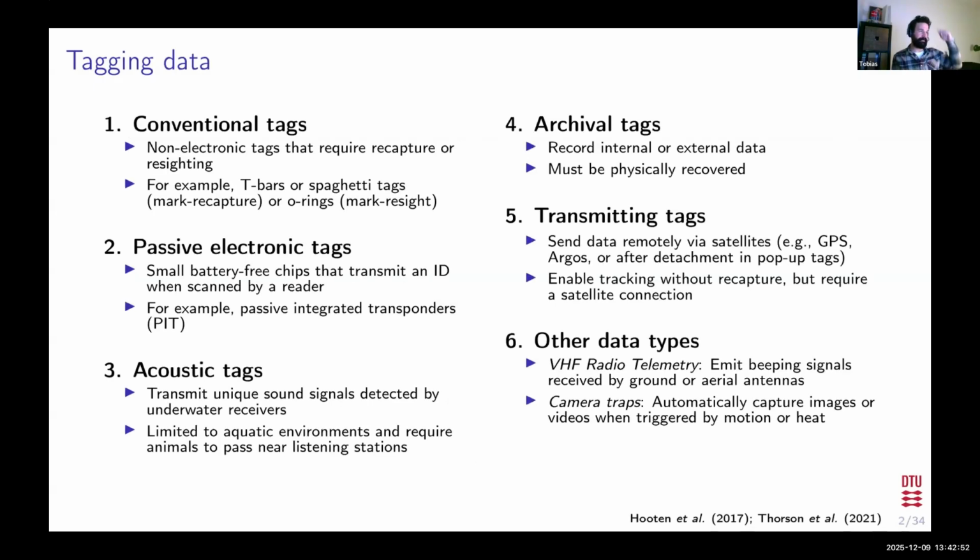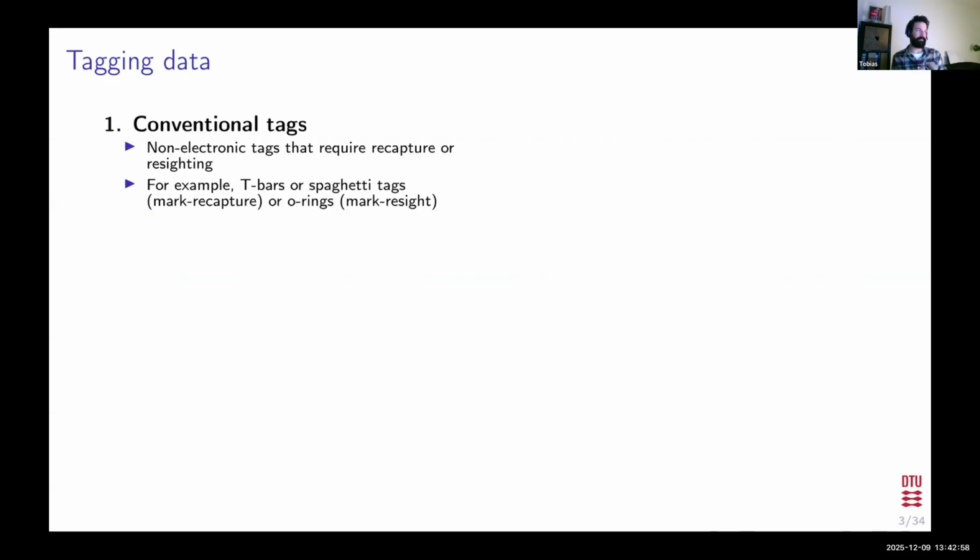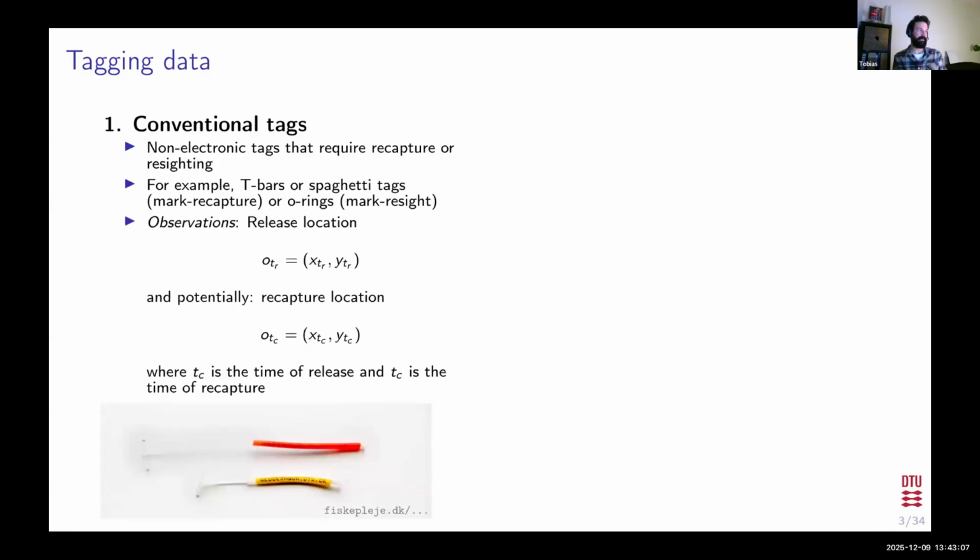So thanks to Daniel's great presentation, we know about these different tagging types. And as Daniel said, conventional tags play a big role. These are non-electronic tags where we usually have a release location, and for some percentage of the released tags, also a recapture location. These are often T-bars or spaghetti tags, as shown here.